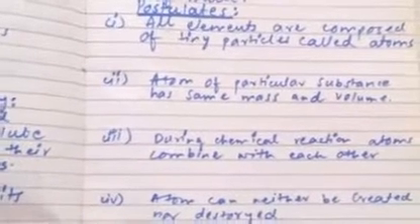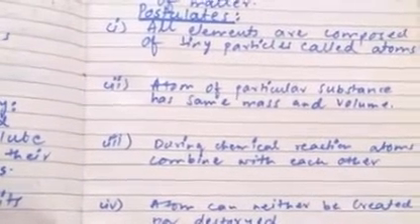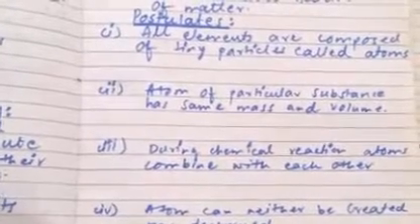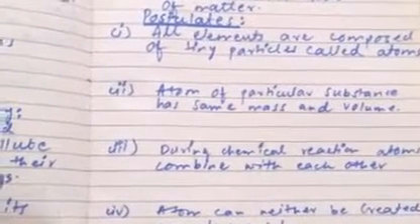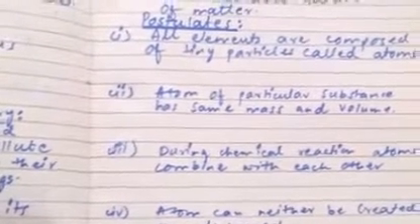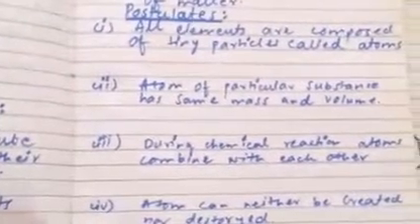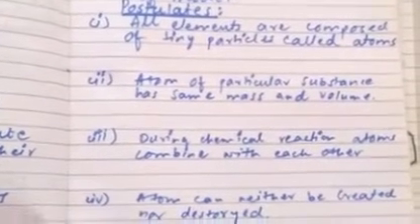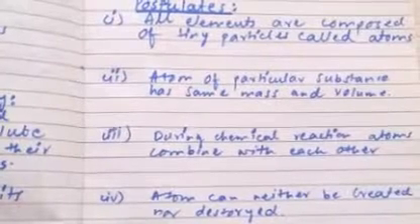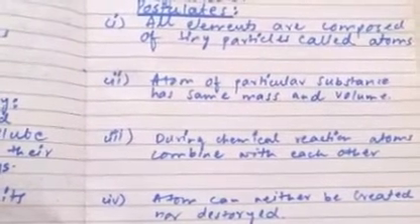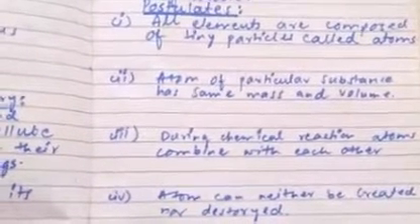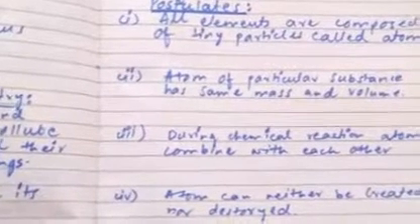The first one is that all elements are composed of tiny particles, that is, atoms. Simply, every element is composed of small particles, which are commonly known as atoms. The second one is that atoms of a particular element or substance have the same volume and the same mass. It does not vary, it is identical.